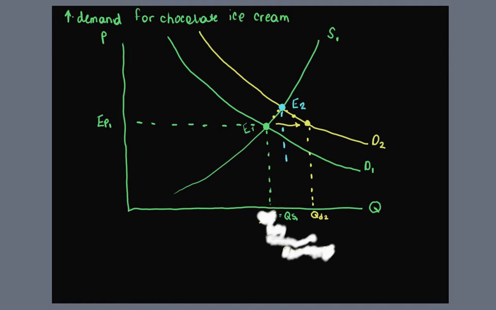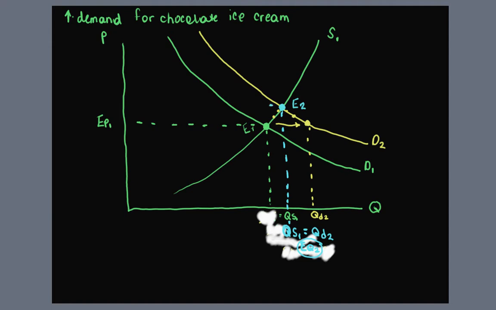This is my new equilibrium quantity, equilibrium quantity 2. And if I go over to the left, I have equilibrium price 2. This is the price and quantity that correspond to my new equilibrium.